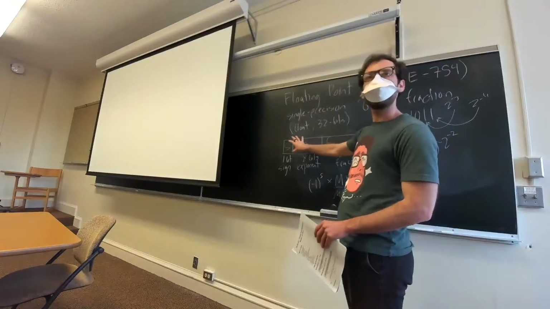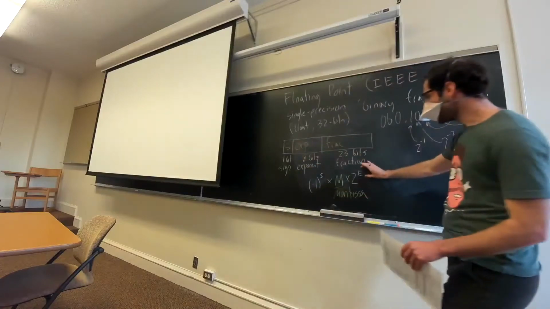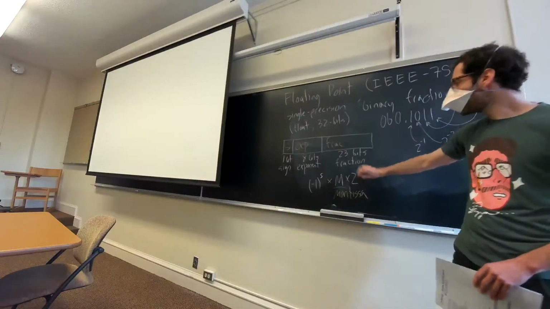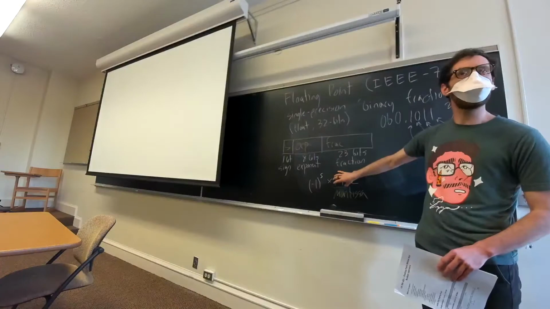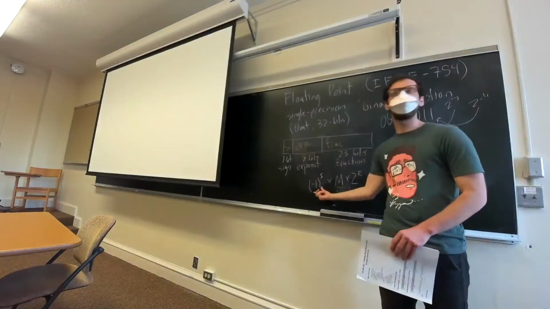So these exponent bits are used to generate E, these fraction bits are used to generate M, and the sign bit is used to generate the sign.